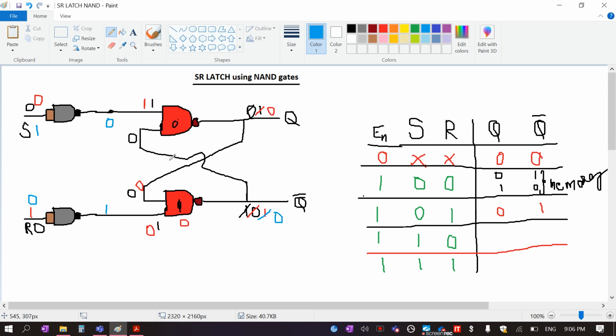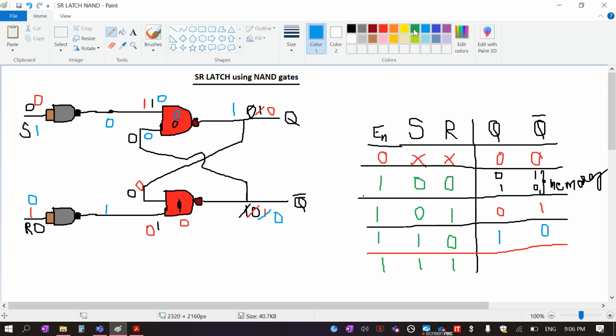Again the 0 is passed over the second NAND gate. So here we have 0, right? 0 0 gives 0. So 0 will be passed via the NOT gate and again it will become 1. So 1 and 0. Our outputs are 1 and 0.